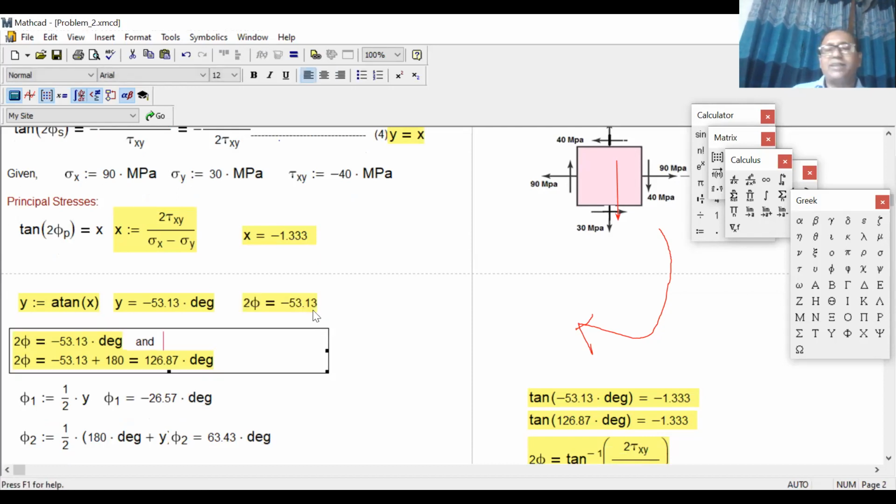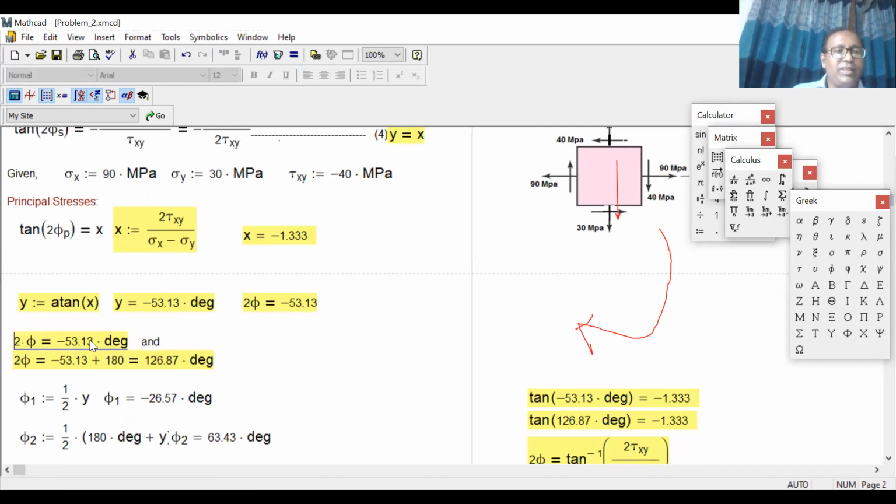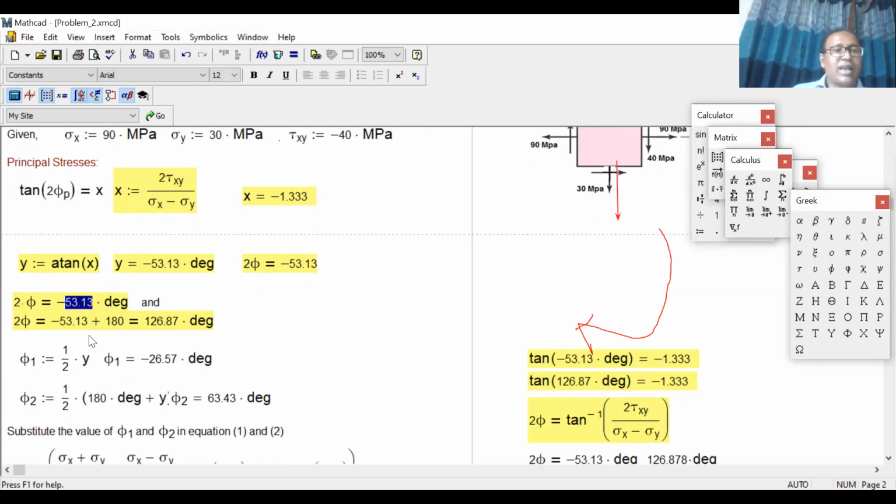You directly add 180. The other angle is minus 53.13 plus 180, so I'm getting 126.87, and right over here I'm getting minus 53.13.